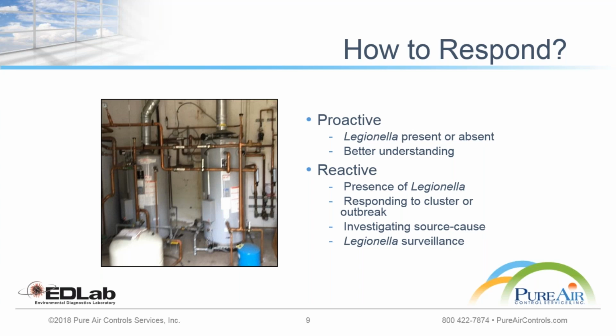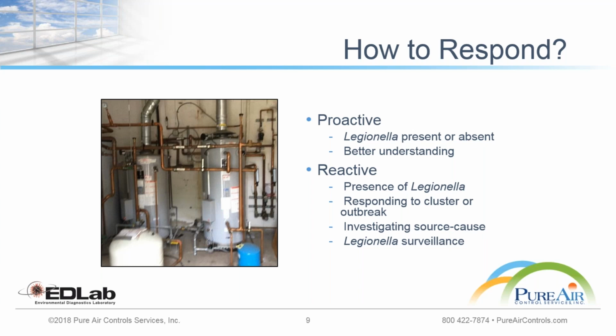So this can be of two methods. One is the proactive method, the other is the reactive method. In the proactive method, we can do very simple steps, such as doing a periodical test to find out whether Legionella is present or absent in the environment you are wondering about.